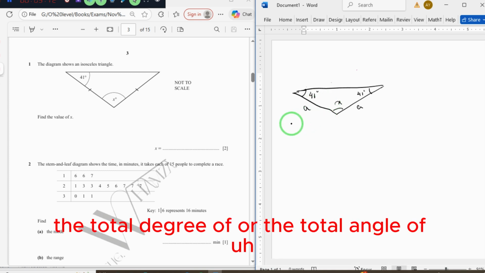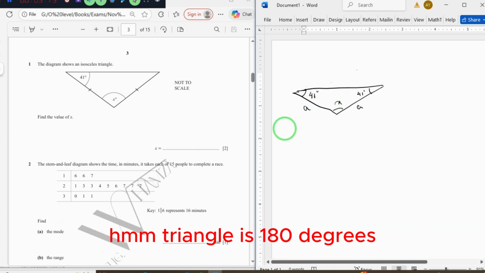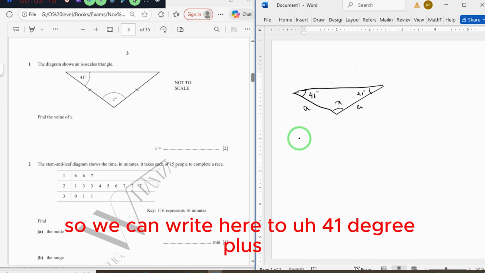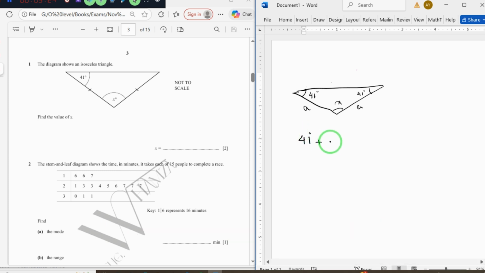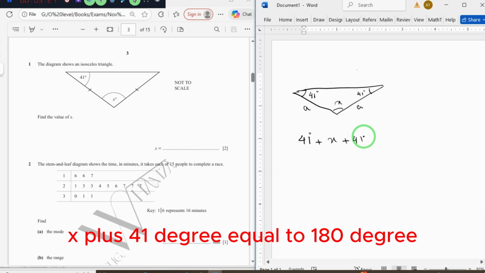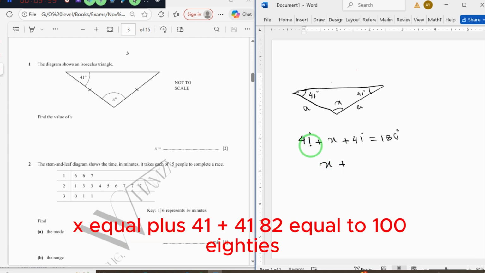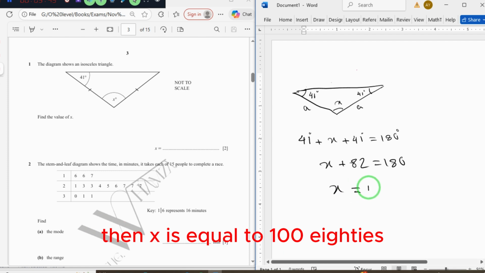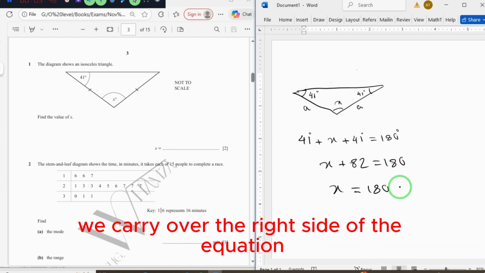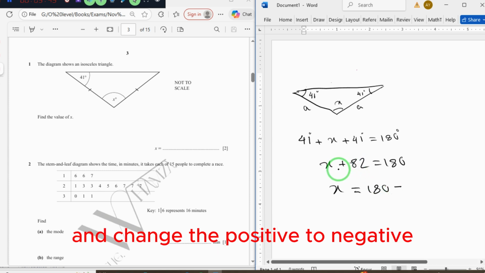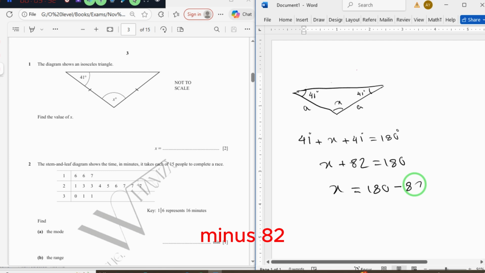As you know, the total of the angles of a triangle is 180 degrees. So we can write 41 degrees plus x plus 41 degrees equals 180 degrees. 41 plus 41 is 82, so x equals 180 minus 82.